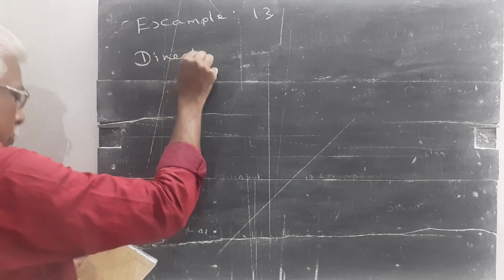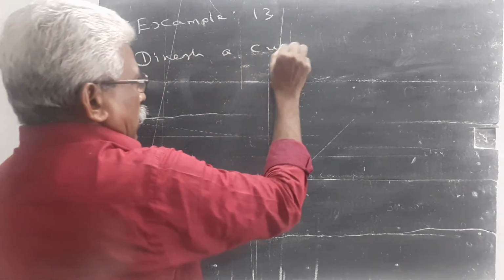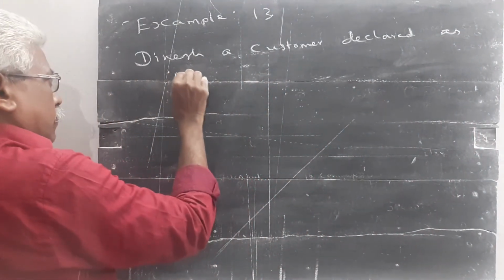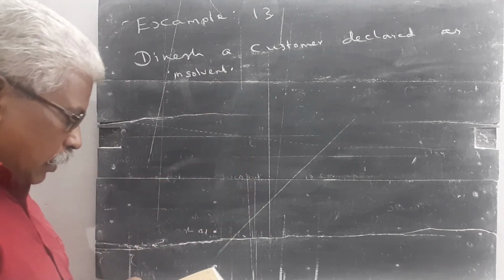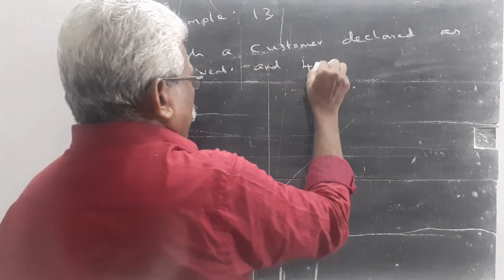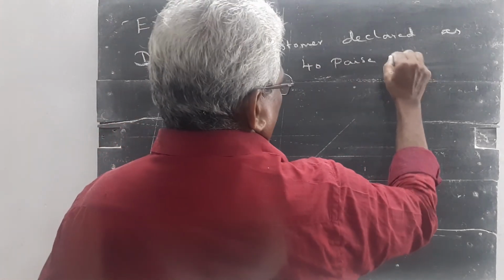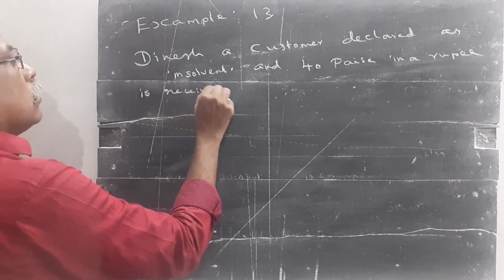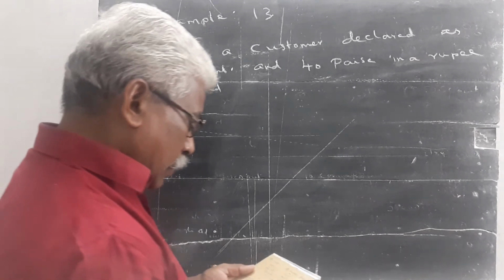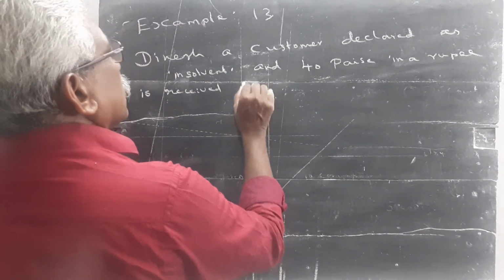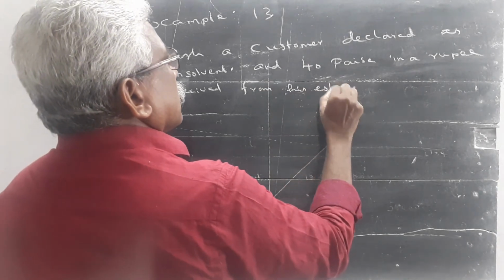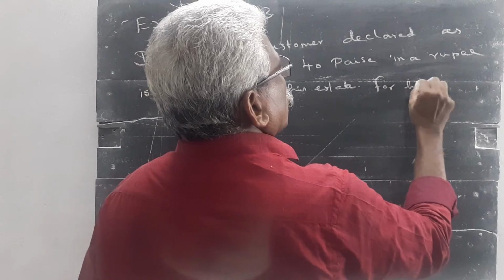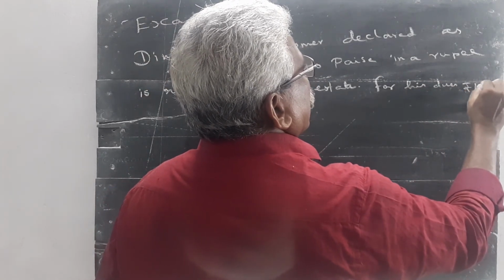Dinesh, a customer, declared as insolvent, and 40 paise in a rupee is received from his estate for his dues of rupees 10,000.